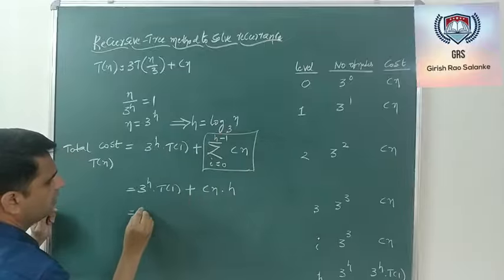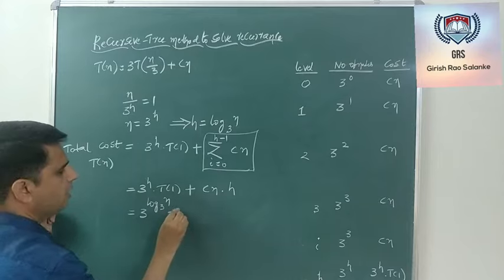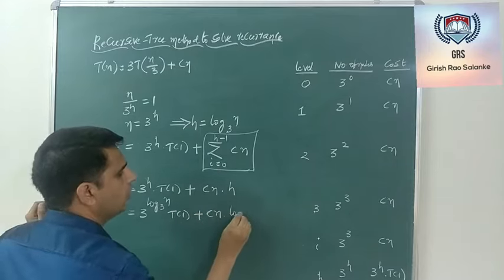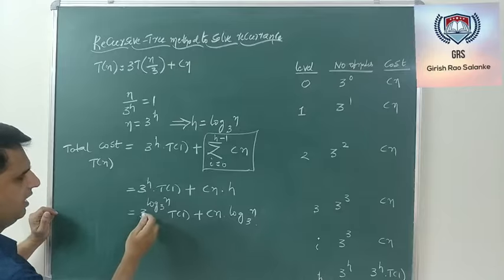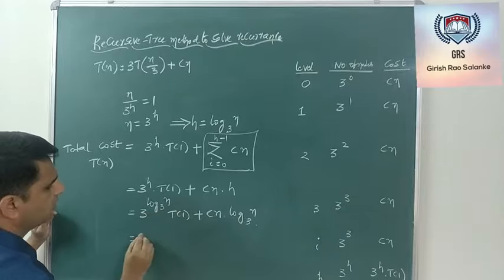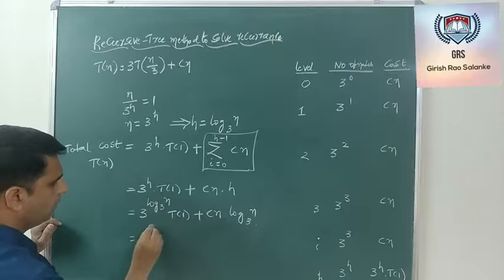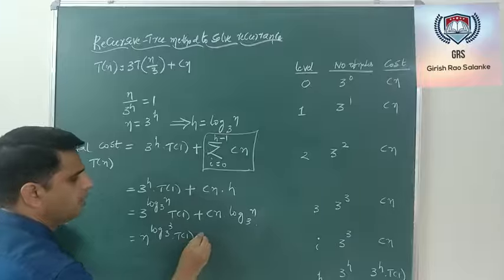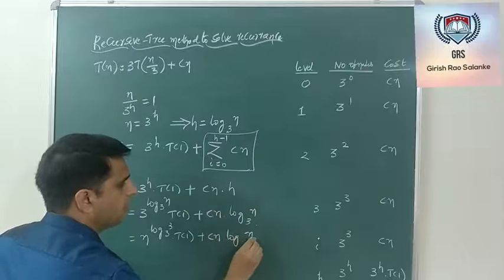So this is 3 power log n to base 3 into T of 1 plus C into n, with h as log n to base 3. I can take this 3 here and n here, so this will be n power log 3 to base 3 of T of 1 plus Cn log n to base 3.